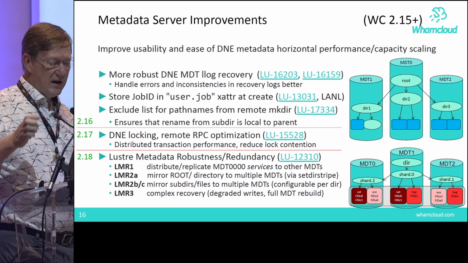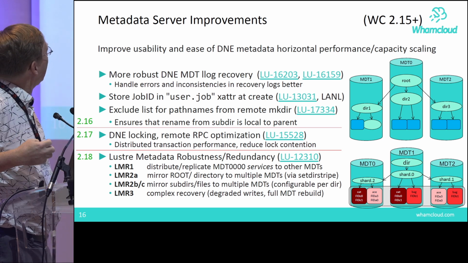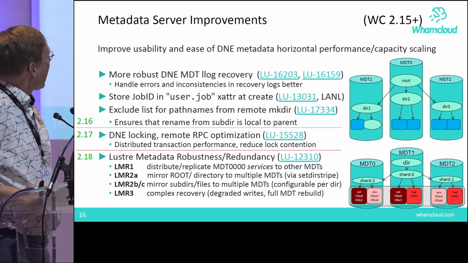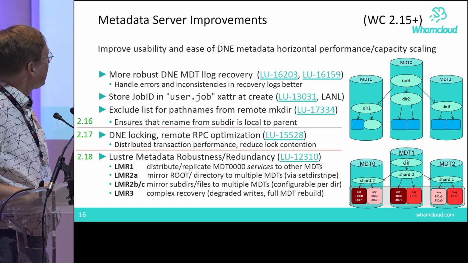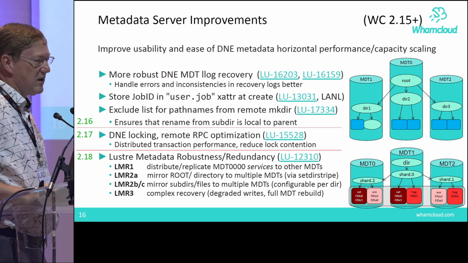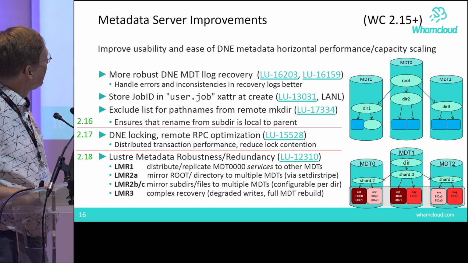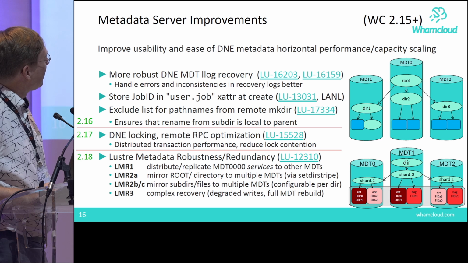Metadata server improvements. I was listing in here for a long time the MDT space balancing. I think that's one of the most important features that's come out in the last few years, and that was already in 2.15. So I don't list it here, but we have still done a number of improvements in terms of recovery.